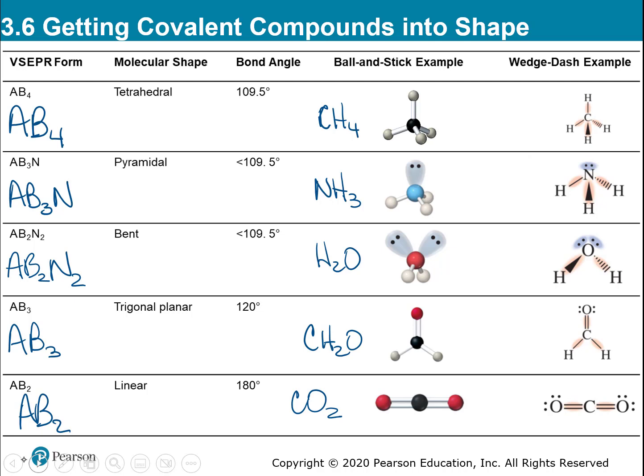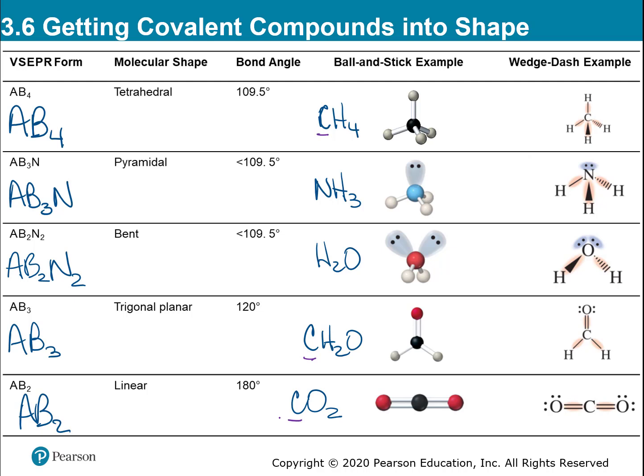AB2, like CO2, the oxygens get on opposite sides, so it's going to look linear. Those are the carbons, okay? Carbons are good examples of these. The other two examples are where you have nitrogen as the central atom and where you have oxygen as the central atom.